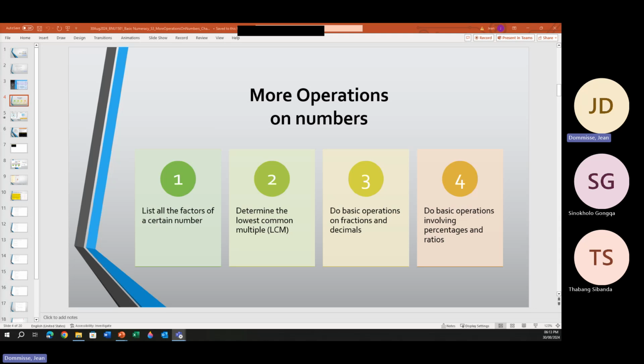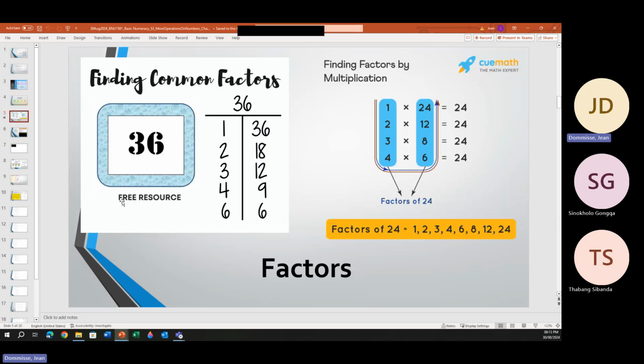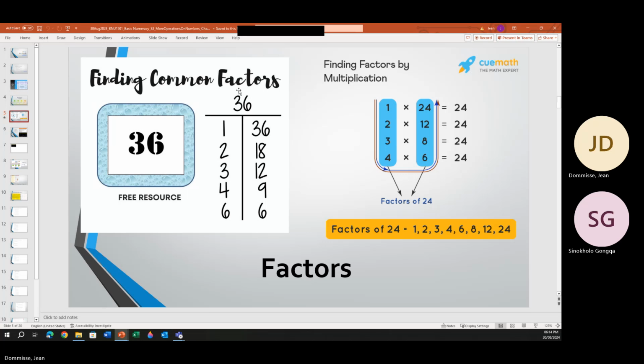Okay, so on operations, they might ask you to find the common factors. They might ask you to work out what the factors are for one number.